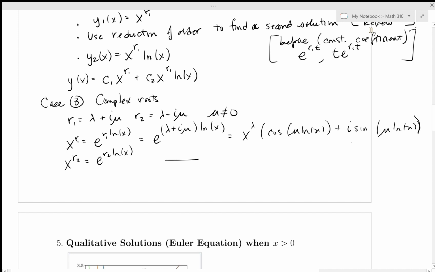We have always avoided trying to give our solutions as complex functions. What we have always done is said, if we have a complex valued solution, then both the real and imaginary parts are solutions, and we have combined them. So we've got a solution that looks like this: y of x is c1 x to the lambda cosine of mu log x plus c2 x to the lambda sine of mu log x.